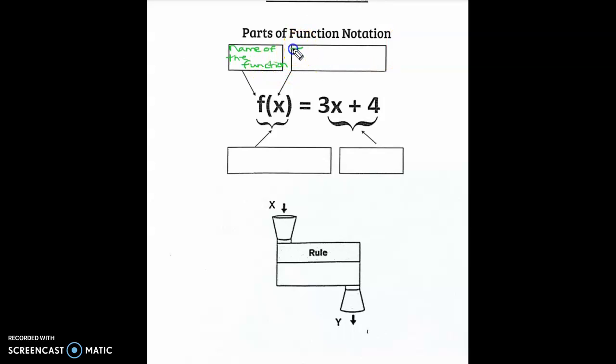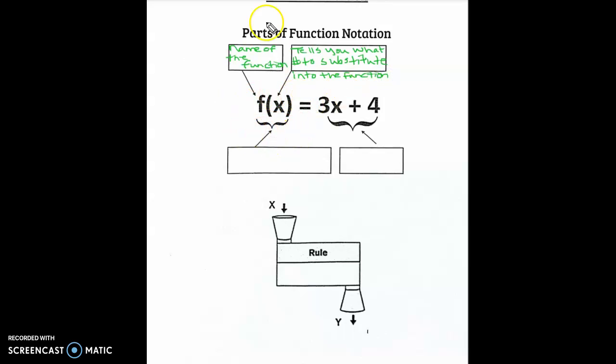That tells you what number to substitute in into the function. That's our input. That's what we're putting into the function.